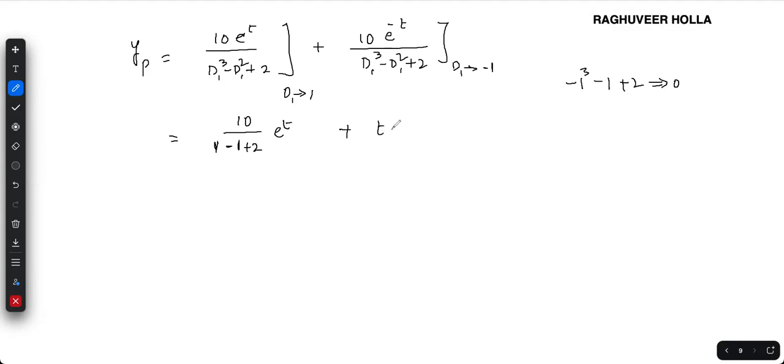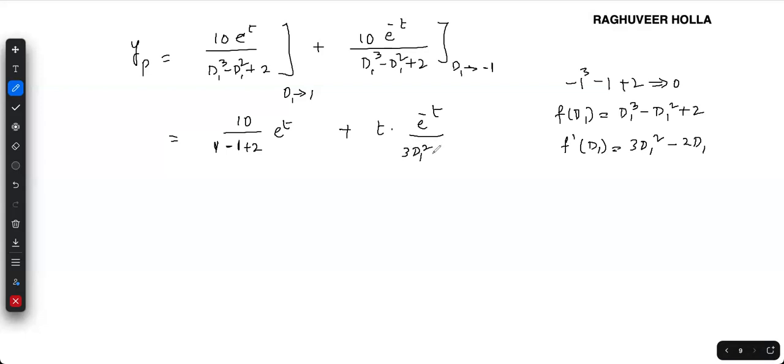So multiply by t, keep e to the power of minus t, and differentiate the denominator. f(D1) is D1 cubed minus D1 squared plus 2, so f dash is 3 D1 squared minus 2 D1. Now substitute D1 as minus 1 again.